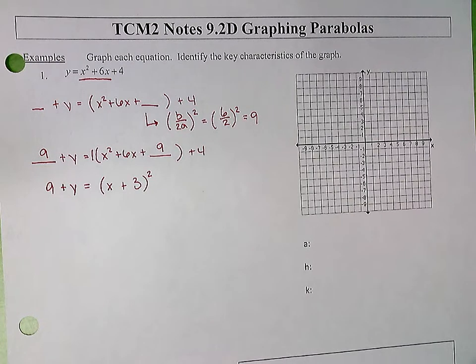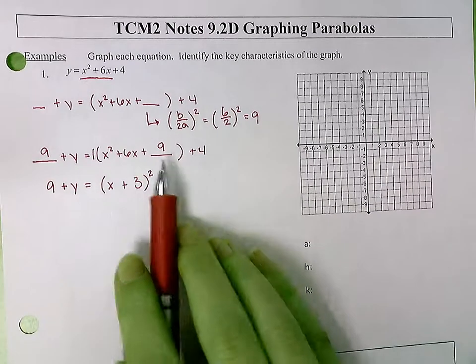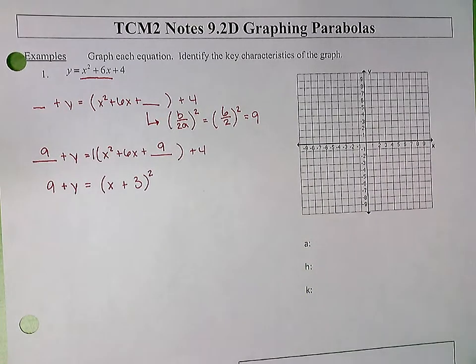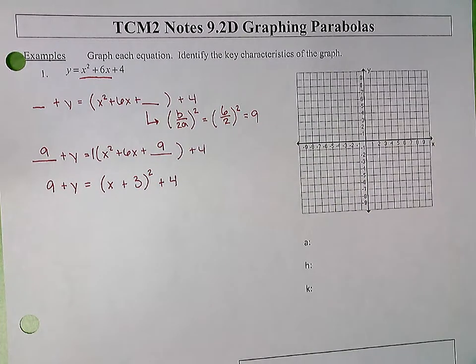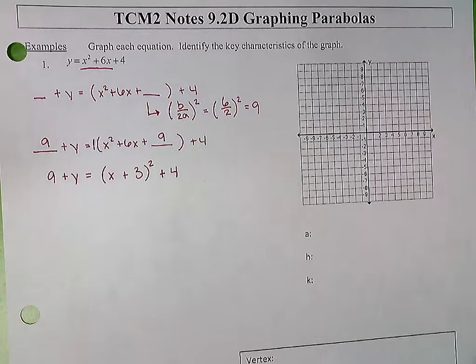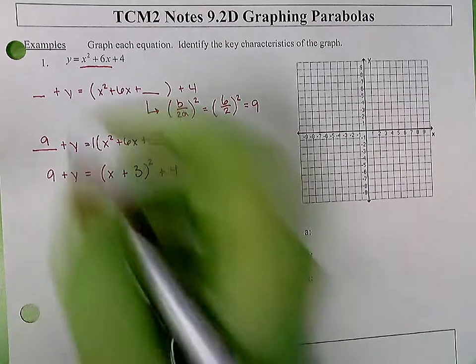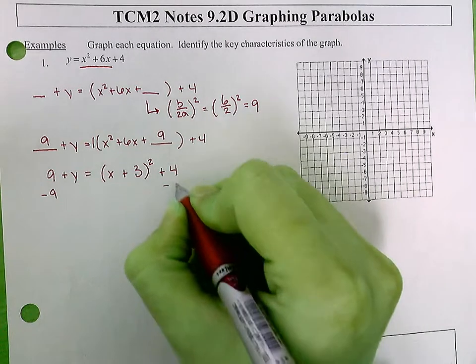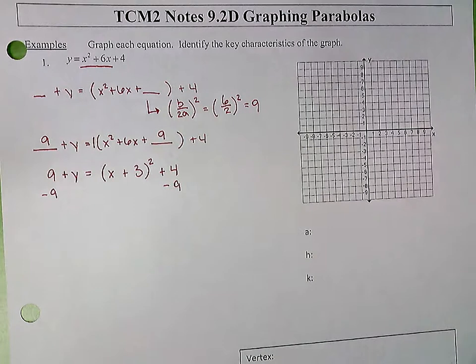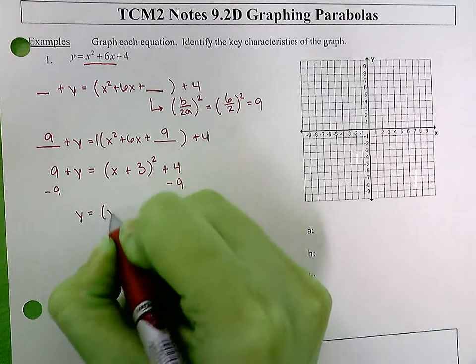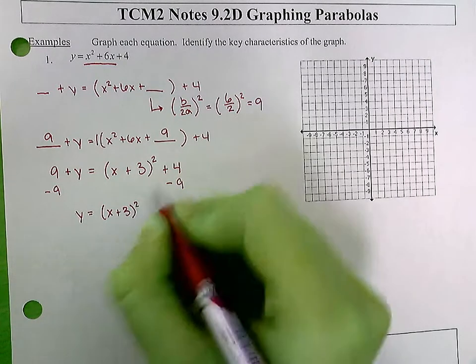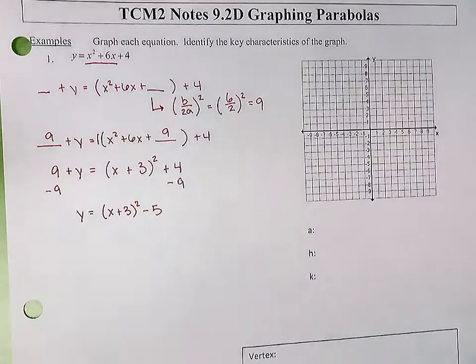If you were to FOIL this out, you should get x squared plus 6x plus 9, just to check your answer if you need to. Then I still have this plus 4 on the outside. Now I need y by itself, so we're going to subtract 9. So we have y is equal to x plus 3 squared minus 5.